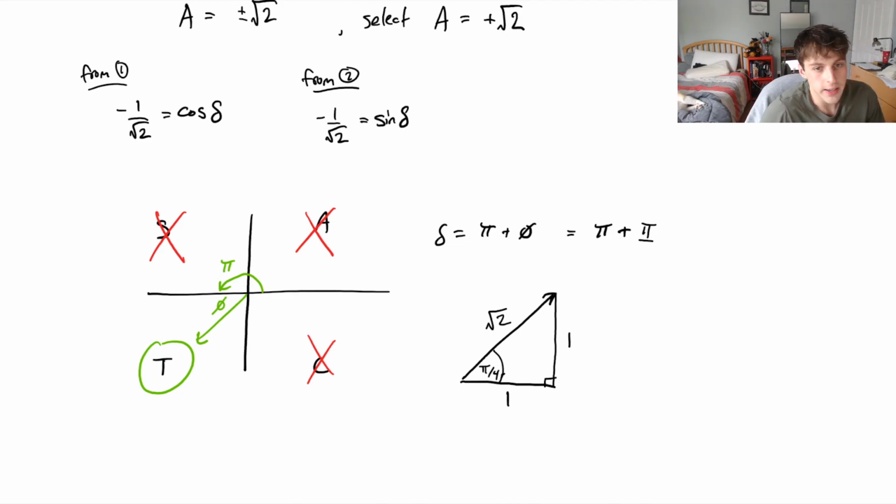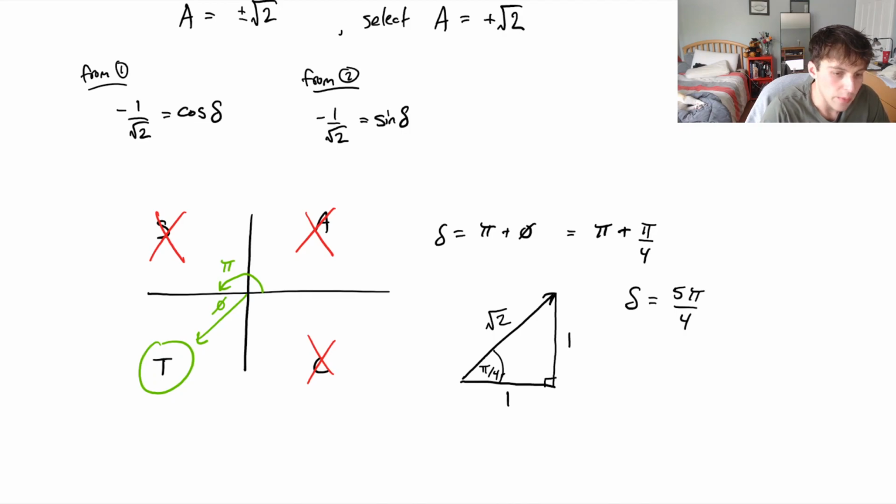But if this is very last minute, you could just plug in the negative into your calculator and it should give you the right result anyways, like 5 pi over 4. But it's really key to understand why you're getting 5 pi over 4. You're not just getting pi over 4. So definitely review these fundamentals if this is very confusing.